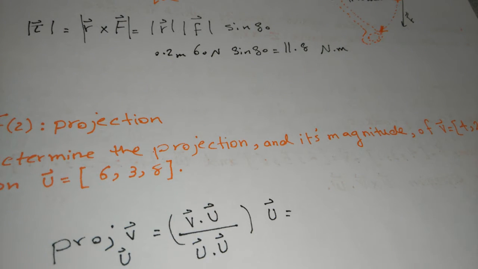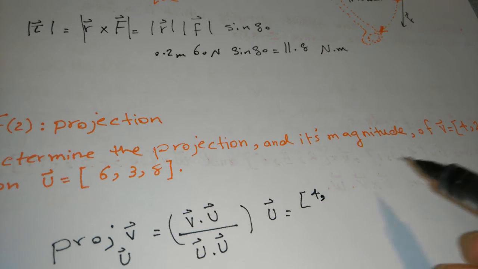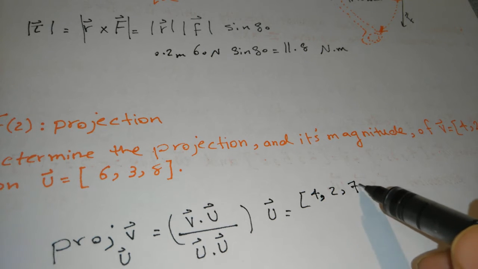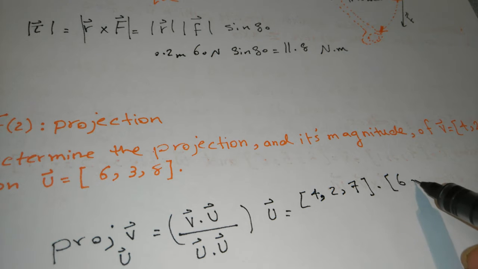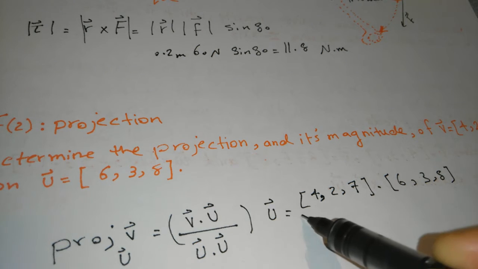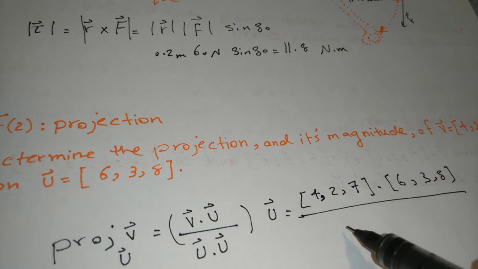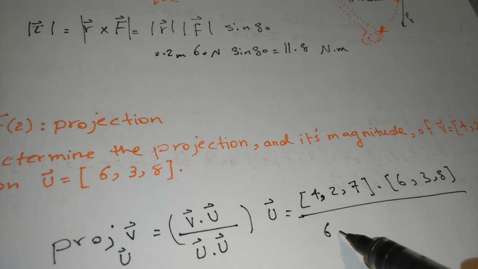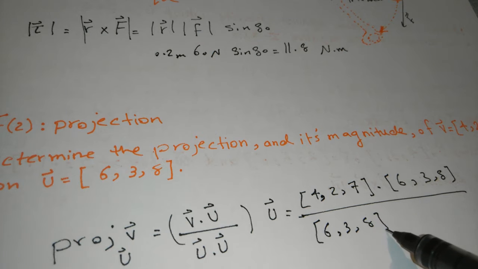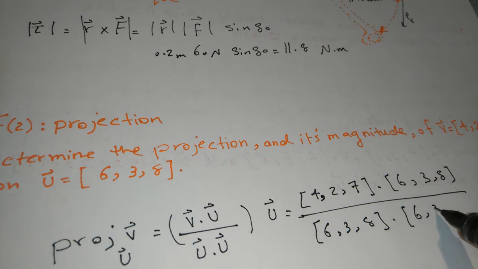So v is given to me. v is <4, 2, 7> dotted to <6, 3, 8>, divided by u dotted to u, and here u is <6, 3, 8>.